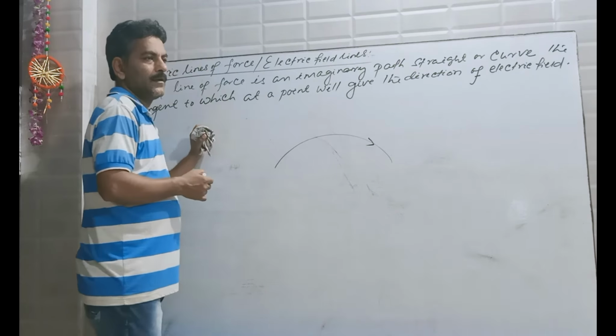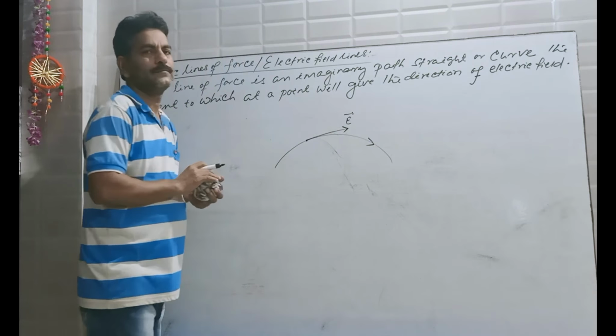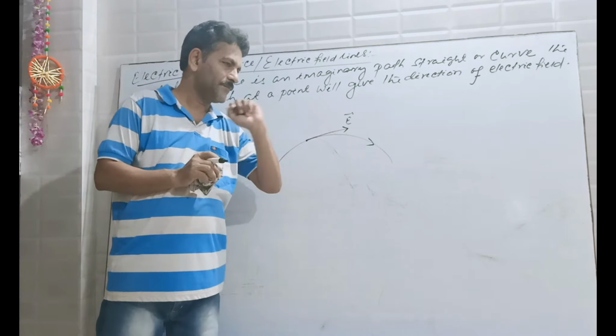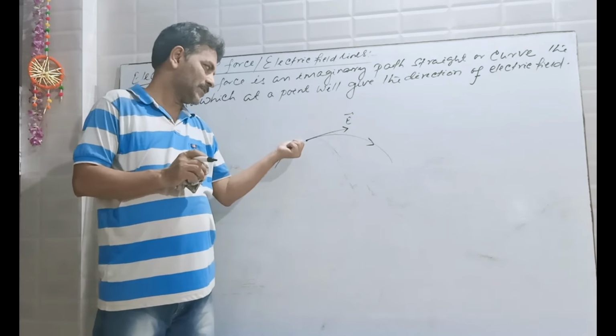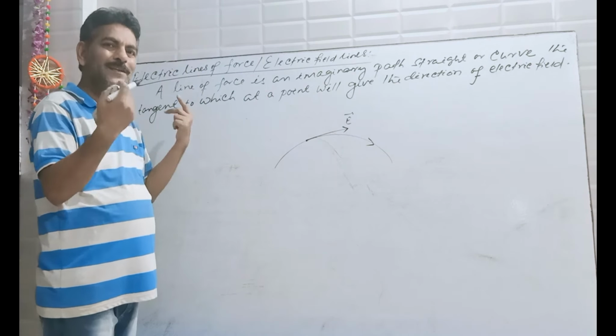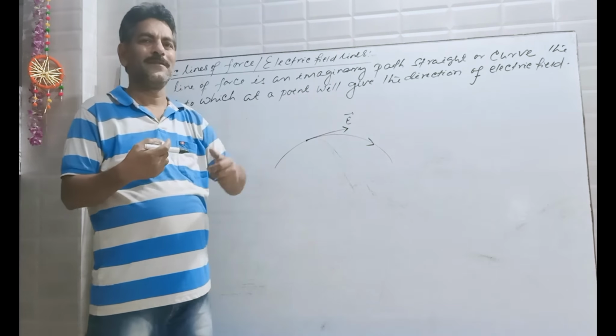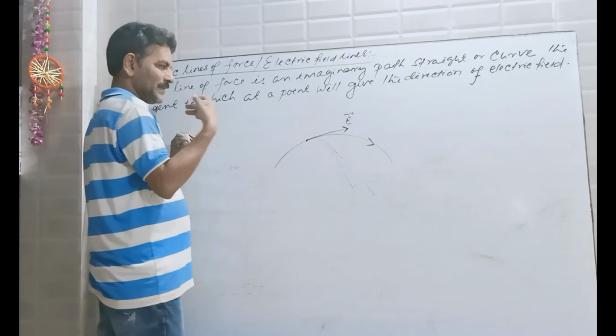You put a tangent here. This will give the direction of electric field. Suppose this is a curved line of force. You are interested in finding the direction of electric field at this point. So you have to put a tangent on that point. The tangent drawn will give the direction of electric field at that point. Without going into mathematical calculation, you can easily get the direction of electric field.